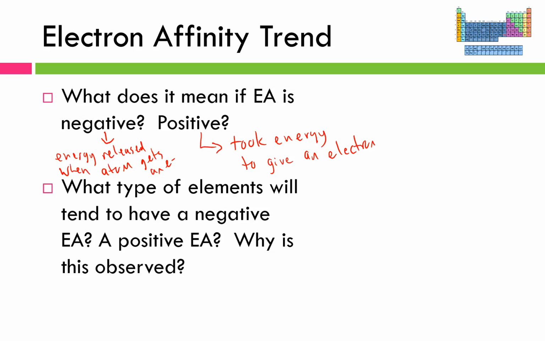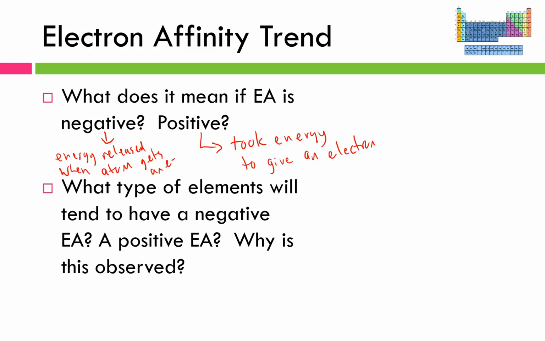I know that's a little bit confusing to think about, but stay with me. Positive means that it took energy to force the atom to take the electron. Negative means that the atom was able to take the electron and it actually made it more stable, so it released energy.